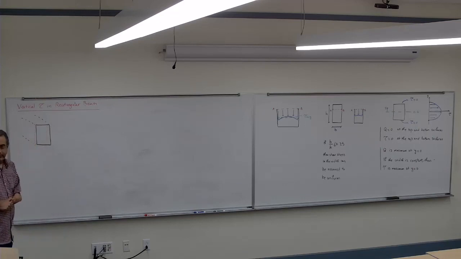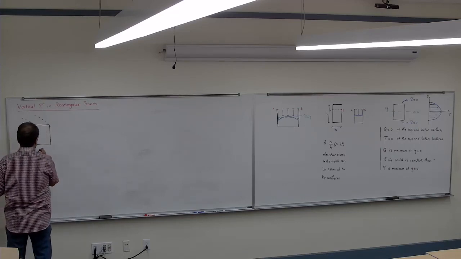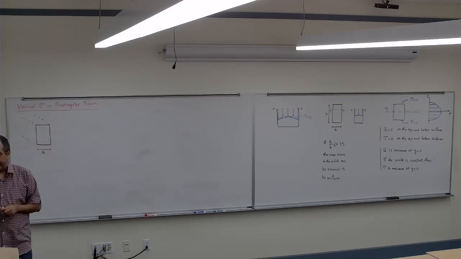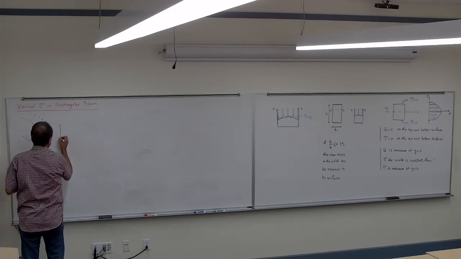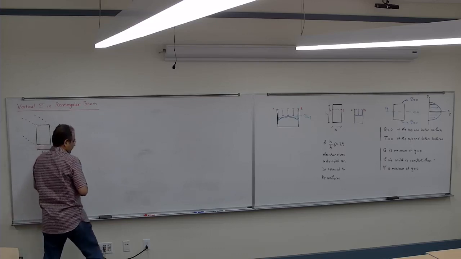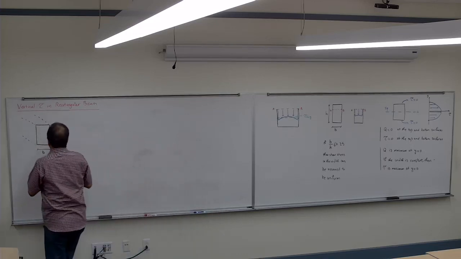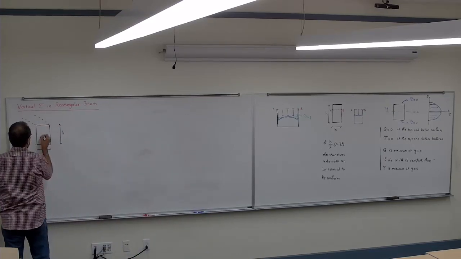The width of that is going to be B, and the height of that is going to be H. And I have the neutral axis right going in the middle of that.